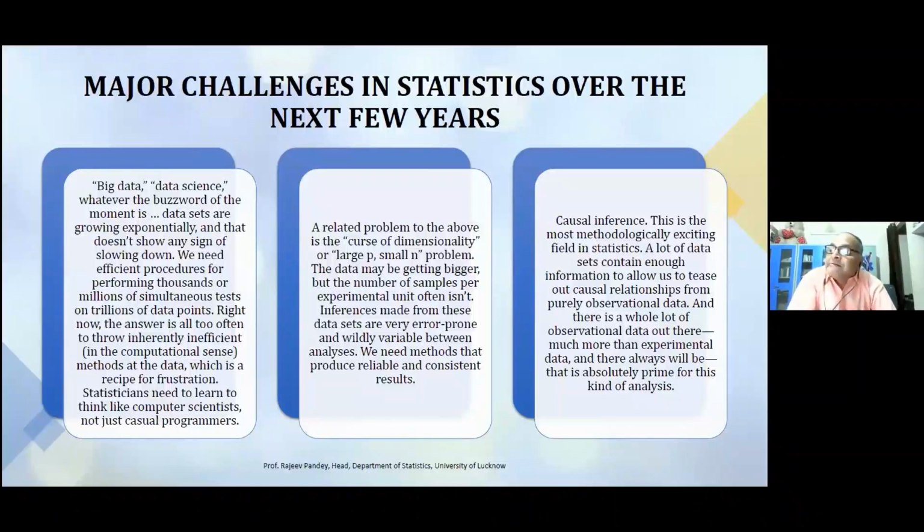So, to tease out causal relationships from purely observational data, and there is a whole lot of observational data out there, much more than experimental data, and there always will be, is absolutely worth trying for this kind of analysis.